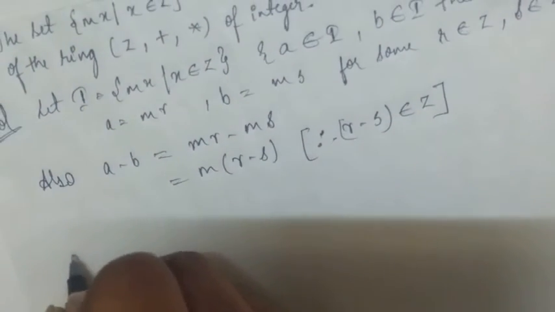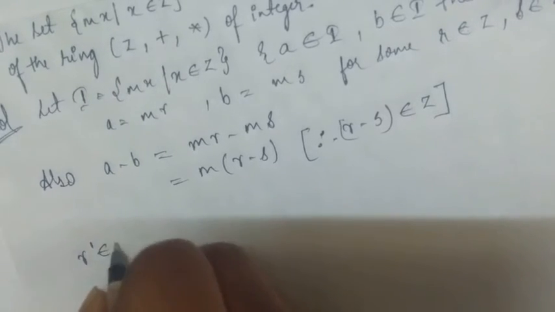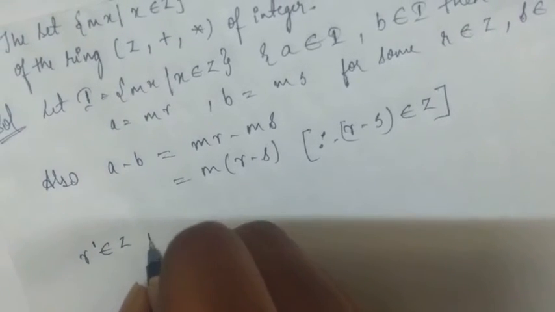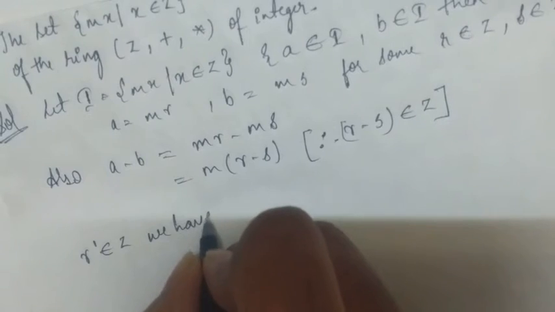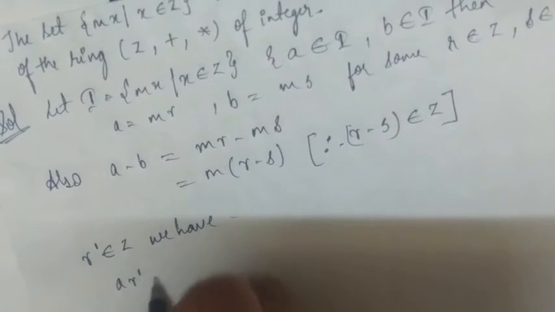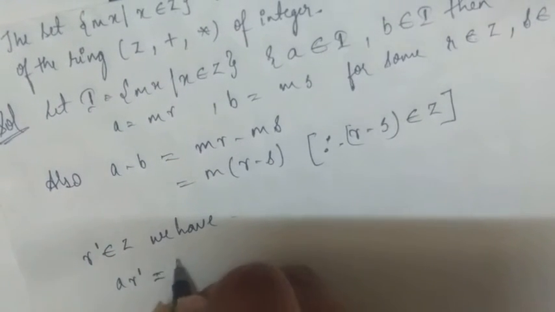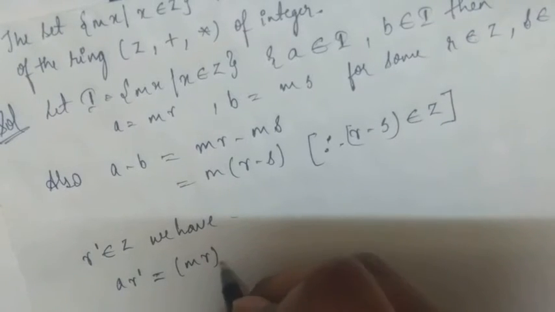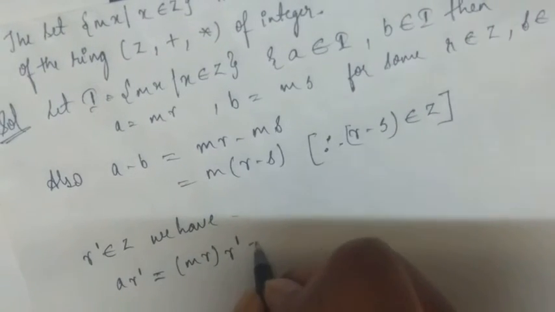Let's take up the second property, that is, let's take r dash which belongs to z. So we have a r dash equal to mr r dash.